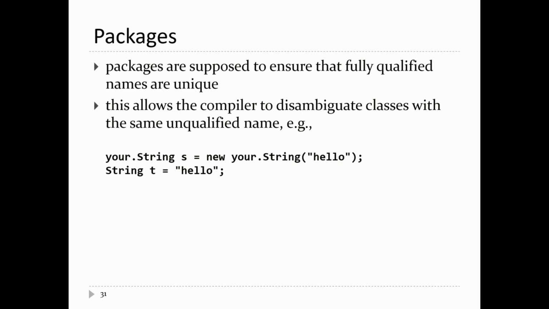You can place it inside your own package called your, and now its fully qualified name is your.string. The Java string class is java.lang.string, so they have two different names, which means you can use both of them in your program at the same time. You just have to use the fully qualified name for one of the two classes. I can use my string class here, and the Java string class here, and everything works just fine.